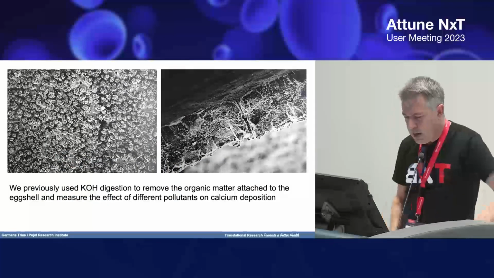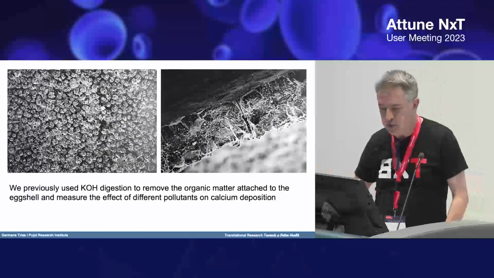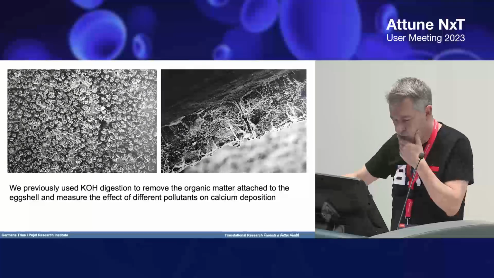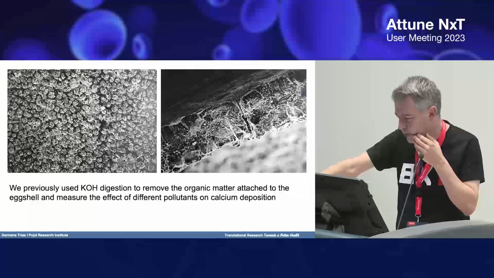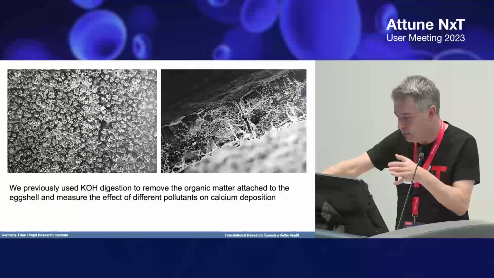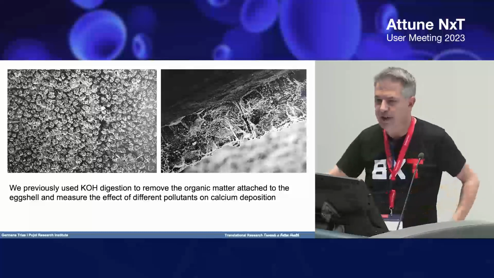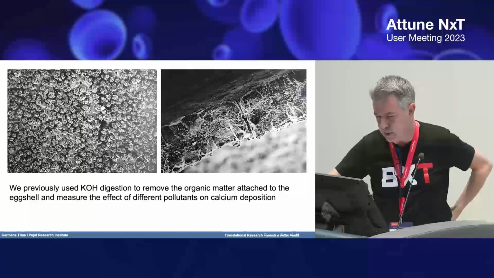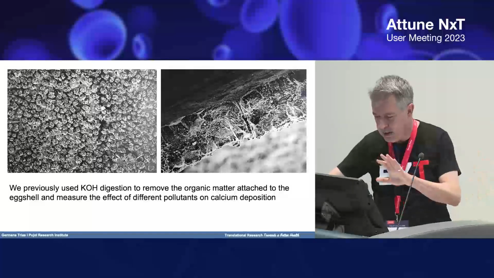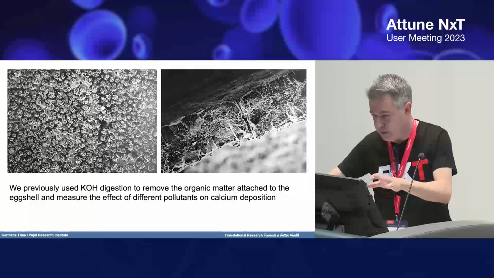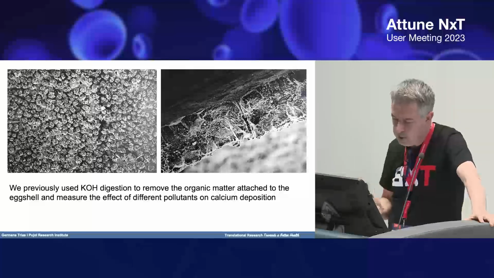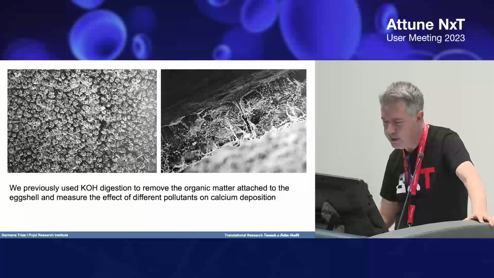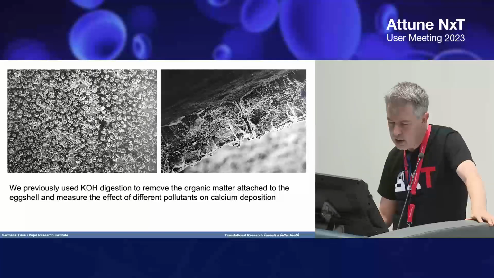And this is just to show you electron micrographs that were performed when I was collaborating with the animal biology department at the Faculty of Biology, because we were really interested in the effect of pollutants on the eggshell. We performed this kind of digestion to remove all the inner cell membranes that are attached to the inner face of the eggshell, and we were monitoring the crystal deposition on this inner face.